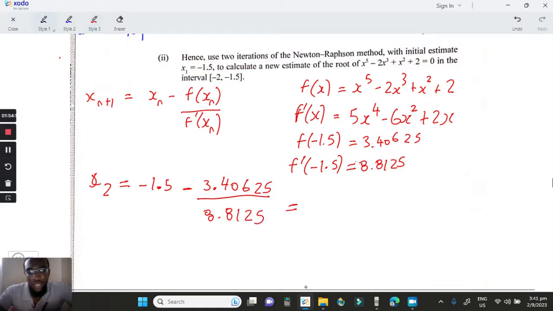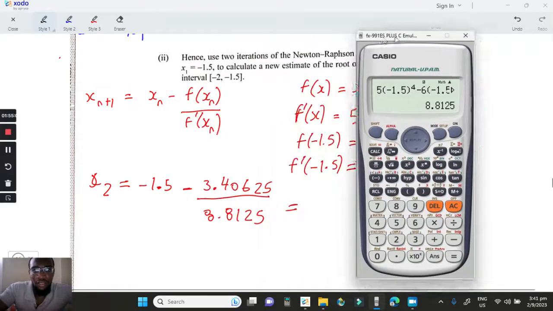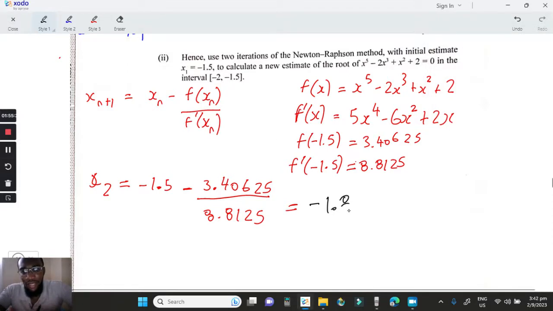Now I put that in the calculator: negative 1.5 minus fraction button 3.40625 over 8.8125. I'll put that in the calculator and we get negative 1.89. So this is now negative 1.89.